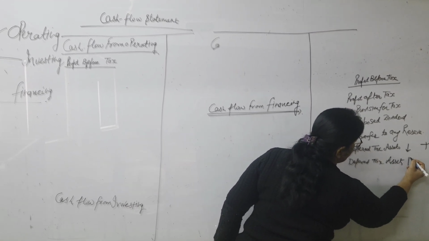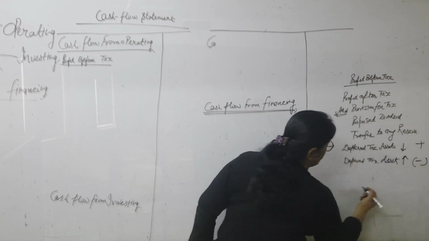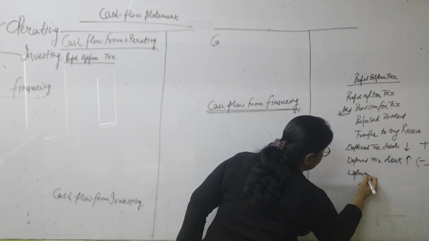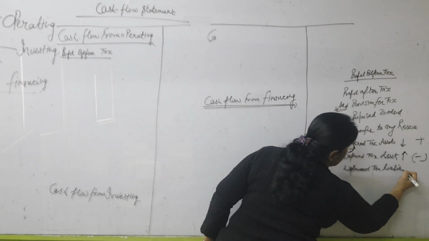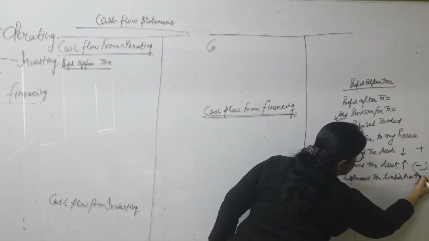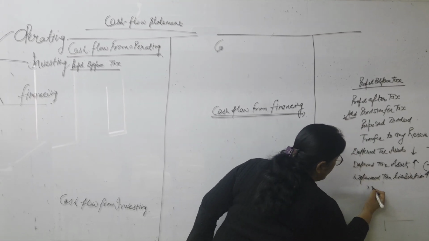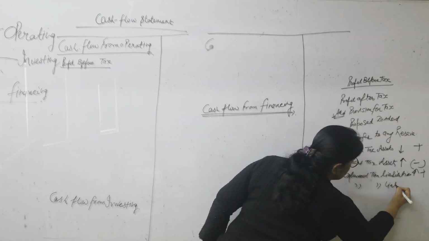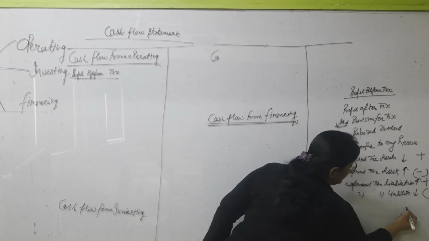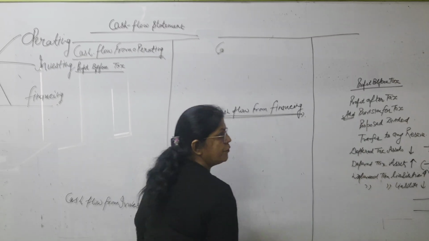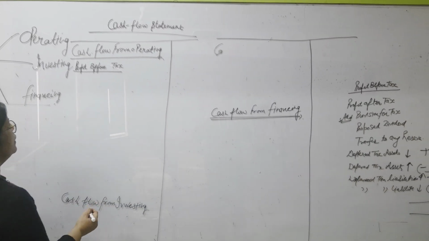If increase, then deduct, and deferred tax liabilities. If increases, then add in profit, and deferred tax liabilities. If decreases, then deducted. Then you will get profit before tax.